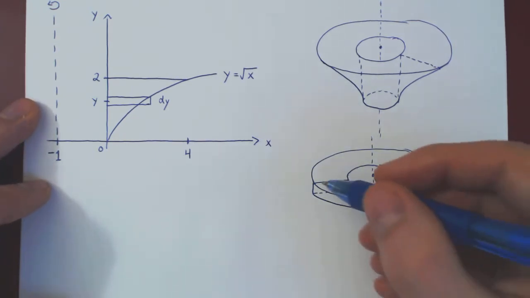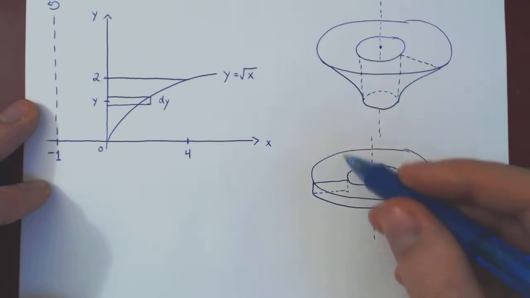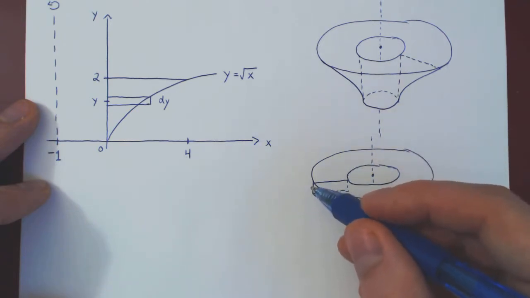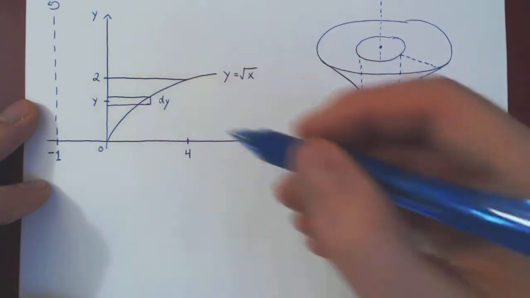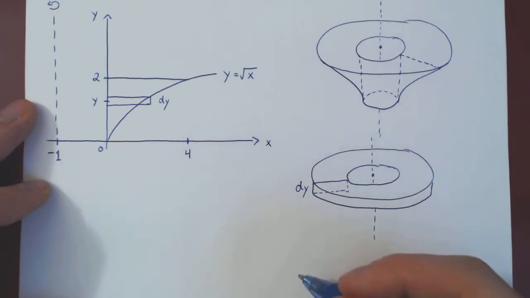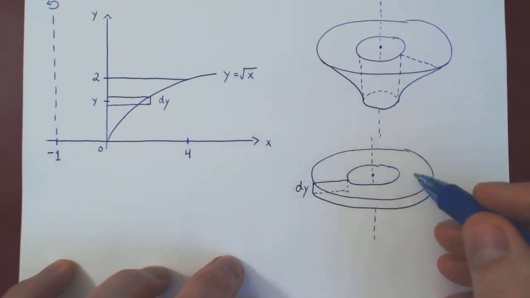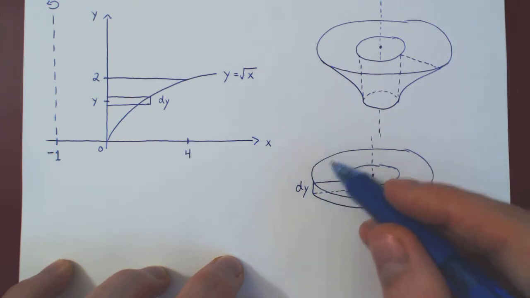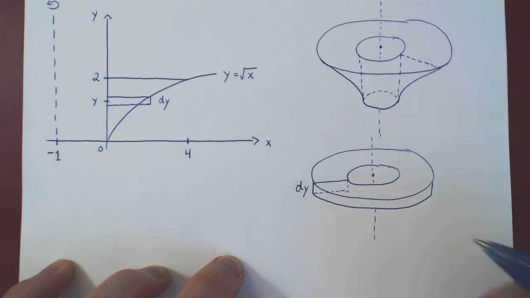Okay, well, what do we need? We need the surface area of our washer and the thickness, the width. Well, this is clearly the width of the rectangle, so the thickness of our washer is simply dy. And if you remember, to find the area of this portion, we need to find the area of the larger circle minus the area of the smaller circle, so we need our two radii.